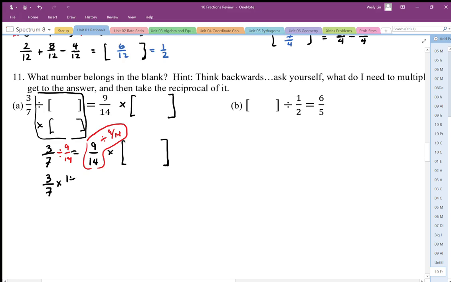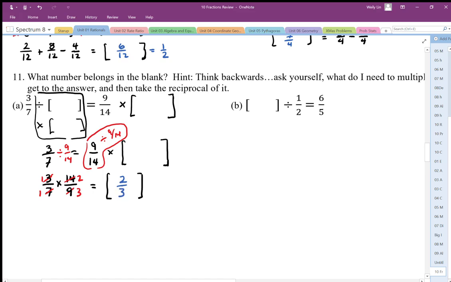So I get times 14 over 9, and that equals our unknown fraction here. Well, I have some common factors I can cancel out. There's a common factor of 7 that I can cancel out here. There's a common factor of 3 that I can divide out here. And then my final answer works out to be 2 over 3.